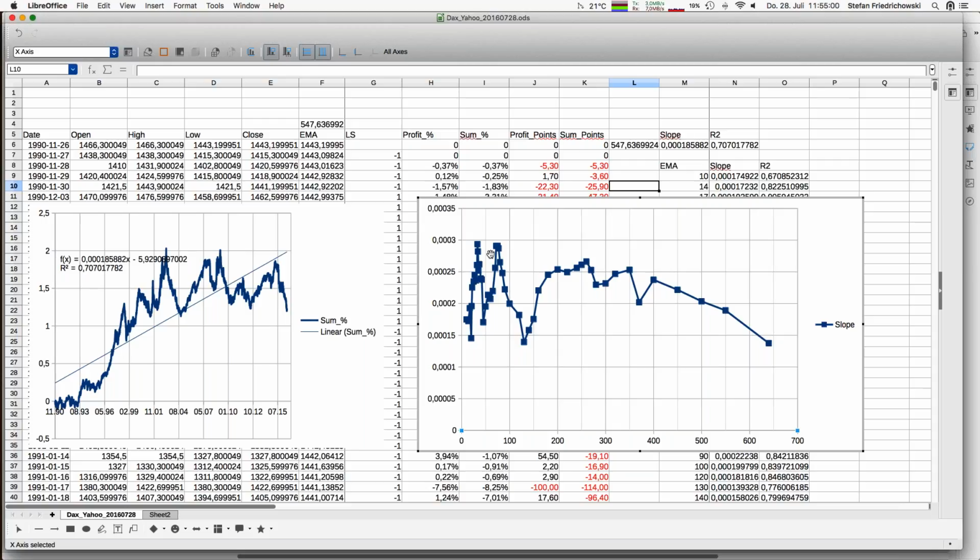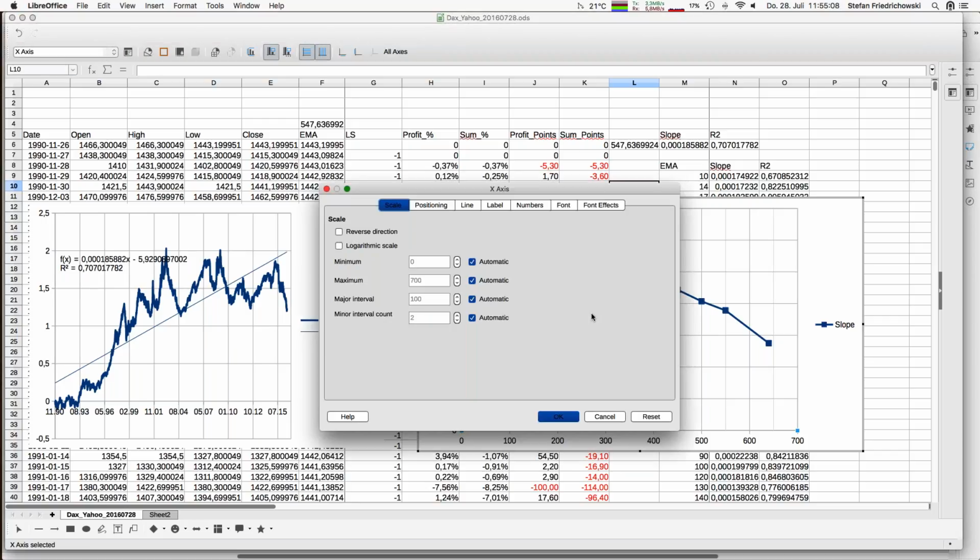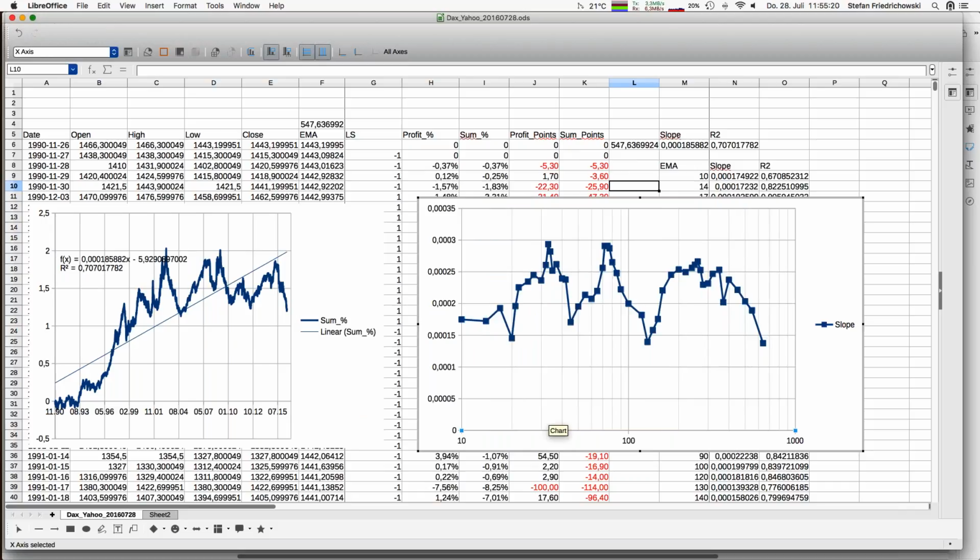So we have to change our view a little bit, especially for EMA values. The story is different for other parameters like stop losses and risk-reward ratios and something like that. But in this case, we need that kind of axis.